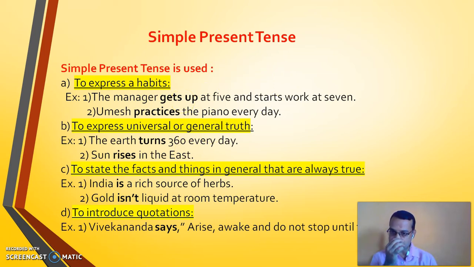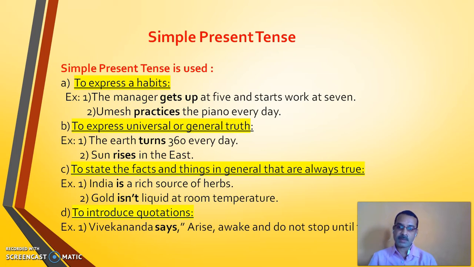In the second example, Umesh practices the piano every day. Look at the verb practice, practices. Here we have added s or es to the verb because Umesh is a third person singular noun.